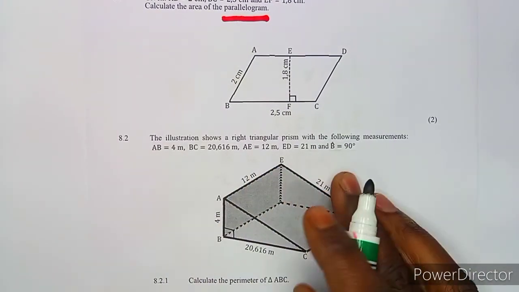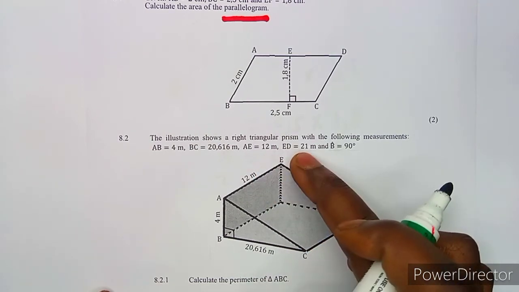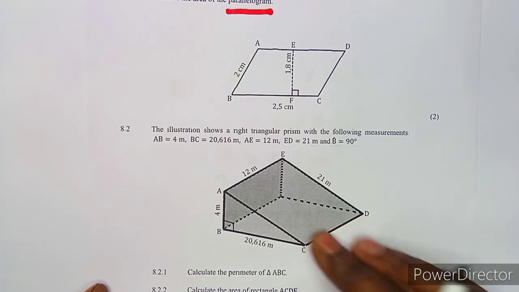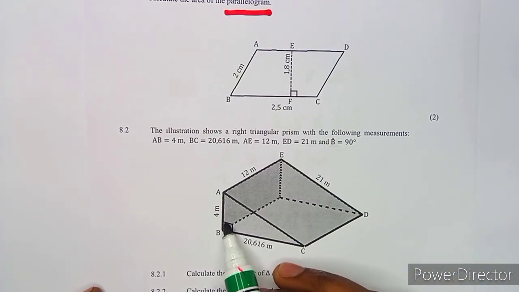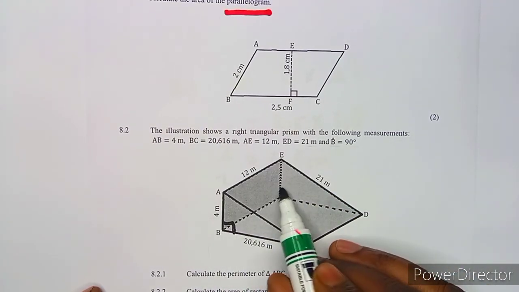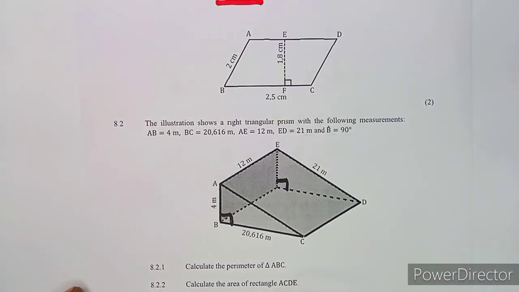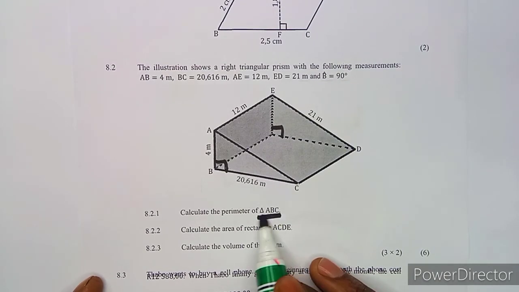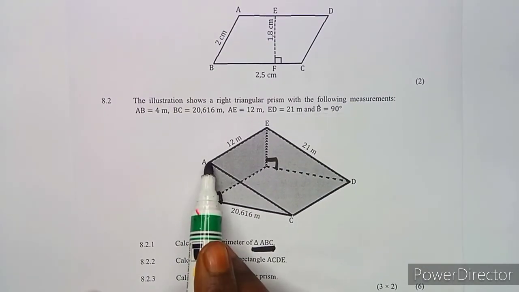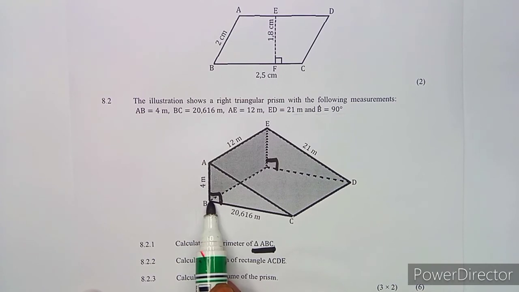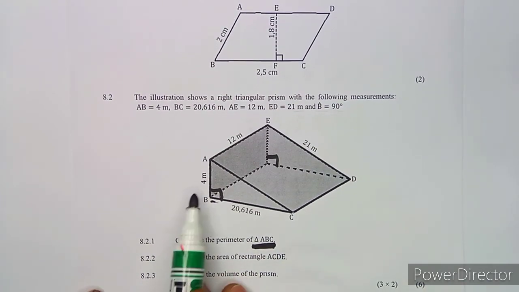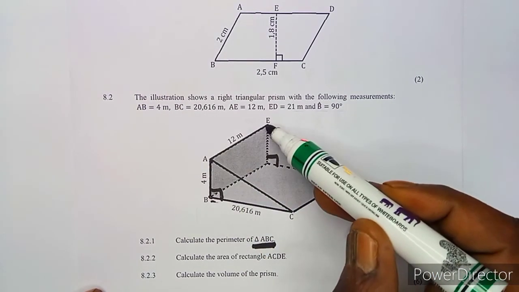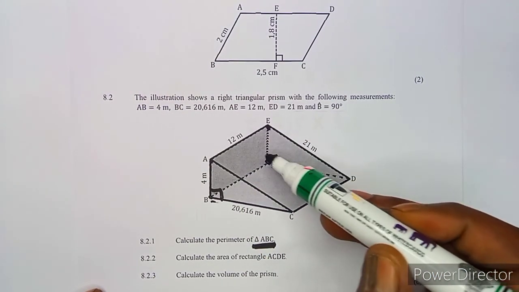The illustration shows a right triangular prism with the following measurements. These are the measurements that you are given, guys, and an angle of 90 degrees. As you can see, it's right angular, which means you have 90 degrees there. The question is to calculate the perimeter of triangle ABC. Take note, guys, these sides are the same.